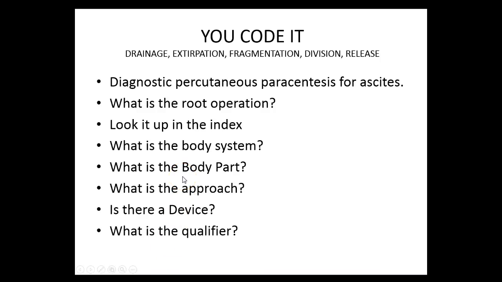Now let's look at a diagnostic percutaneous paracentesis for ascites. In this instance, we're performing paracentesis, but we really don't know why the patient has paracentesis. So our root operation is going to be drainage again.